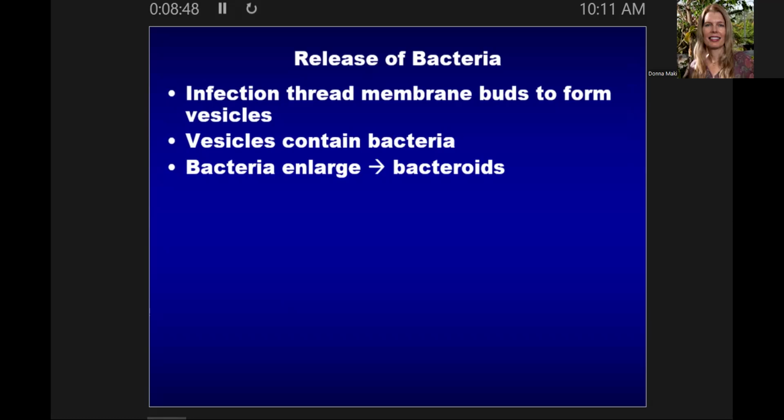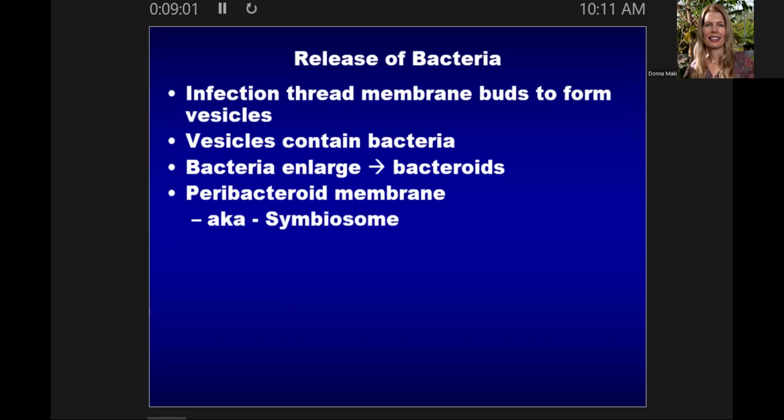So they've greatly enlarged. And you might see in the literature that the bacteria are surrounded by a peribacteroid membrane. That's just this plant-derived membrane that's always surrounding the bacteria. More recent publications are starting to call it the symbiosome.